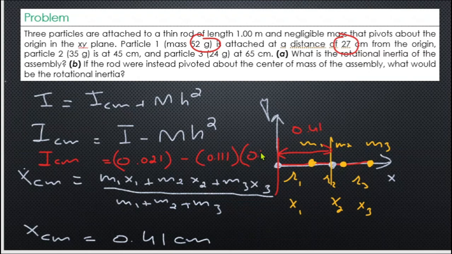So on taking the square of that term, the value of the ICM would come out to be 2.34 cross 10 raised to power minus 3 kilogram meter square.